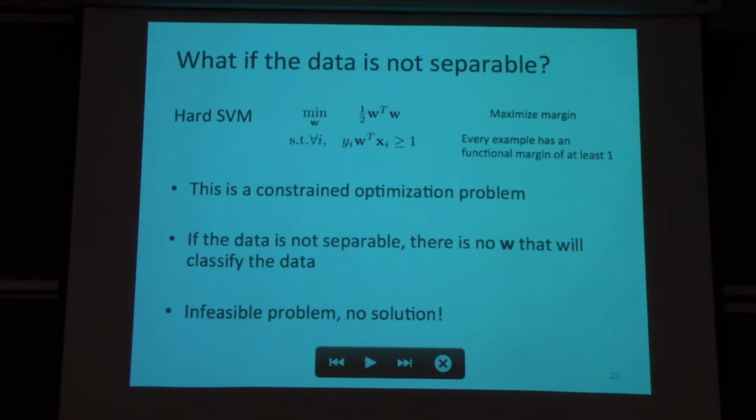So it cannot find such a hyperplane which gives you margin bigger than 1. In fact, even if you don't require any margin, there's no hyperplane separating the data because the data set is not separable. So in this case, this optimization problem doesn't have any solution. There's no W and B you can find. So what can we do in this case?